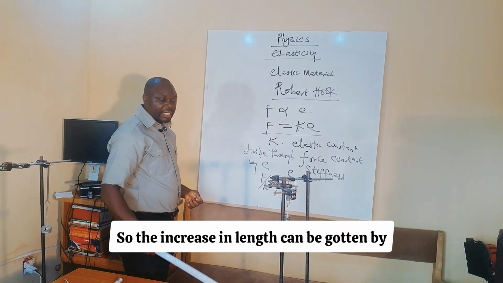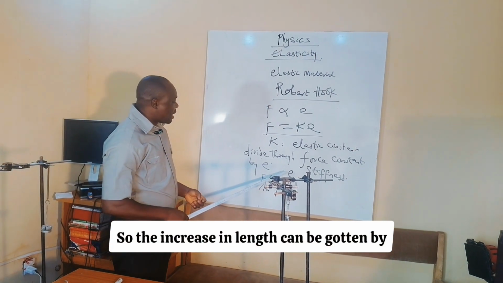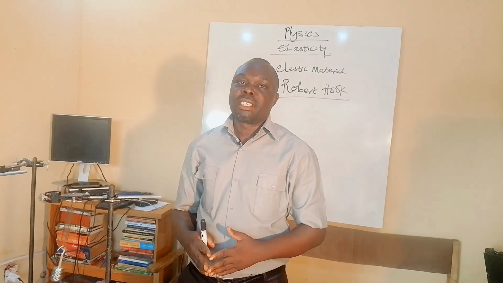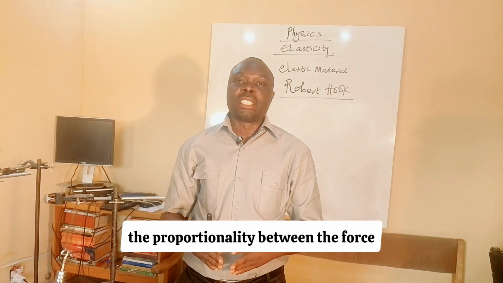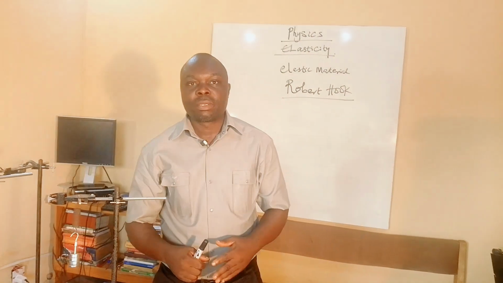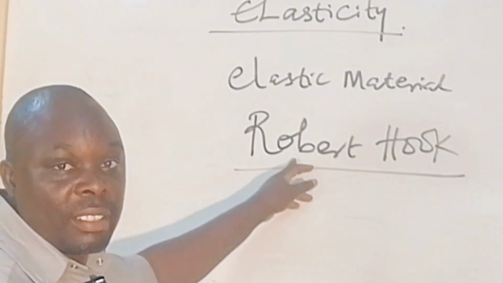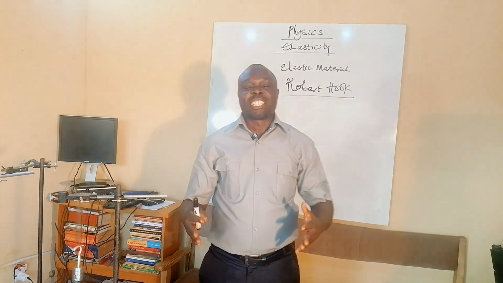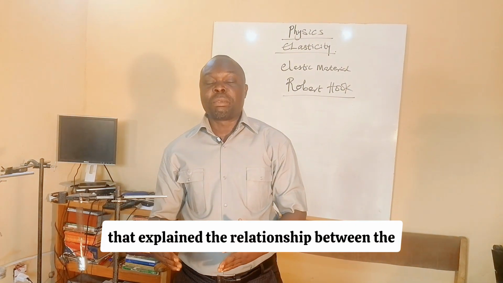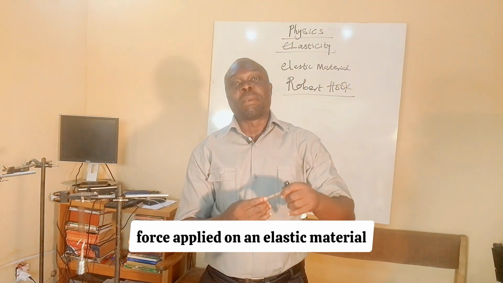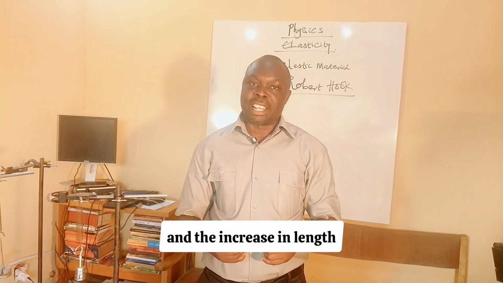So the increase in length can be gotten by F over K is equal to e. Robert Hooke was the scientist that explained the relationship between the force applied on an elastic material and the increase in length.